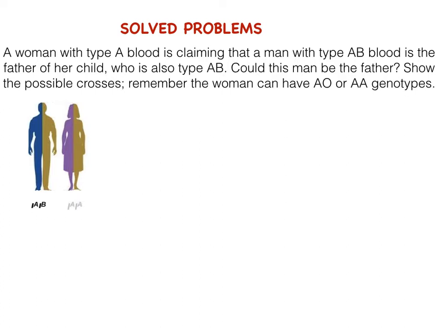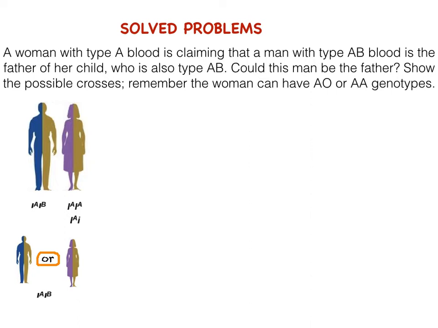The woman can be either homozygous for A because she is the A blood type, or she can be heterozygous. Now we will do both the crosses and we will try to figure out if this woman's claim is right or wrong. And again, the problem says that they have a child, a girl or a boy, with the AB blood type.